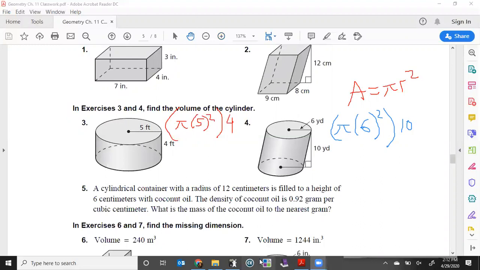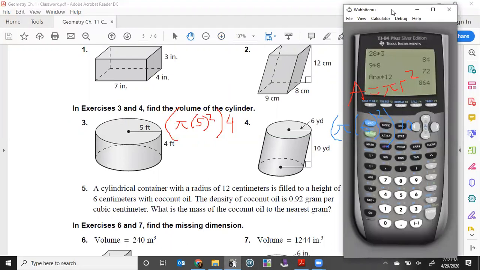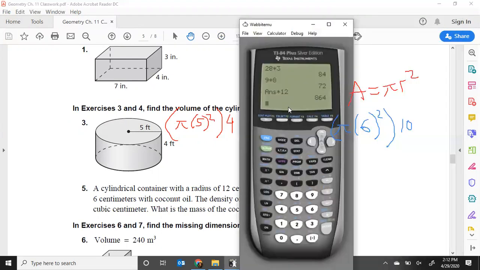Pull my calculator out. I'm just going to put these in as decimals. So, parentheses, pi 5 squared times 4 gives me 314.2. Decimal place, 314.2 cubic feet.